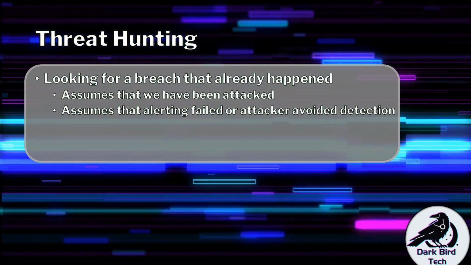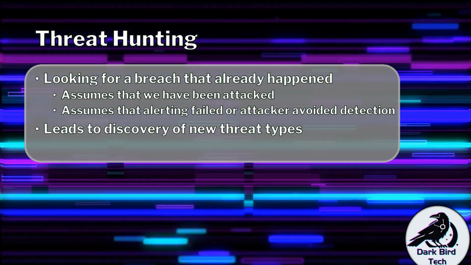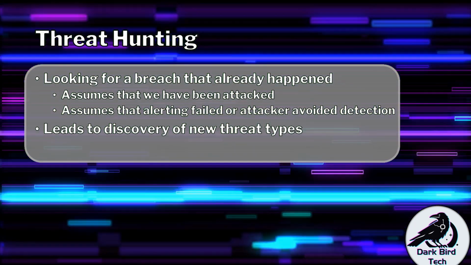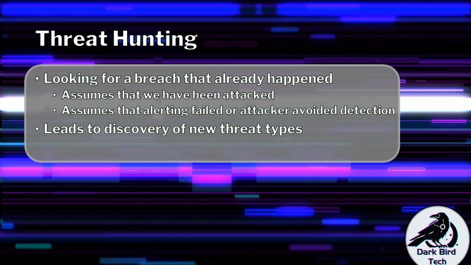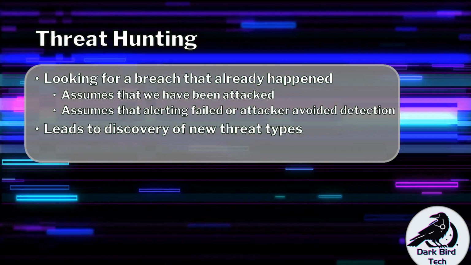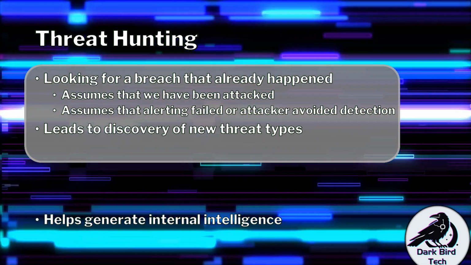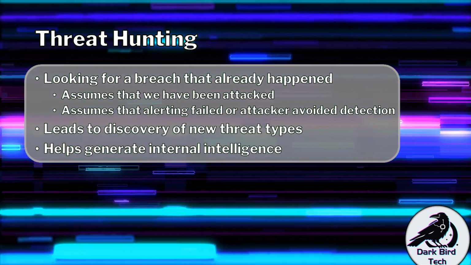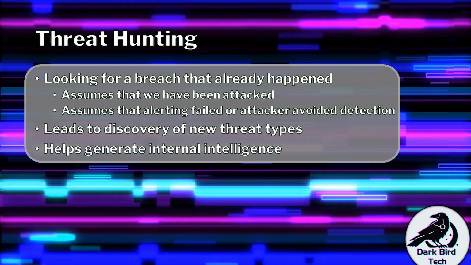And what happens is we could start discovering new threat types, new vulnerabilities, new risks, and we might even actually uncover indicators of compromise for an advanced persistent threat actor that might have targeted us in the recent past. So this will help us a lot. Plus, we're going to be generating internal intelligence. And when it comes to internal intelligence, this is amazingly helpful because it is very, very relevant.